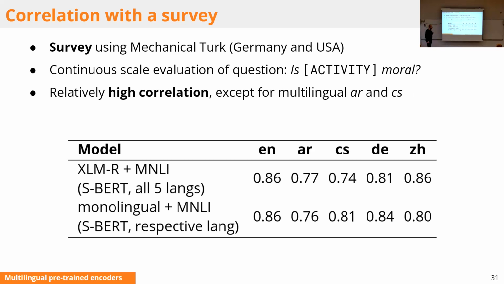And the results show that there is a pretty high correlation between what we get using this almost unsupervised method and the survey. There are some outliers, particularly monolingual Arabic and Arabic and Czech in the multilingual model.